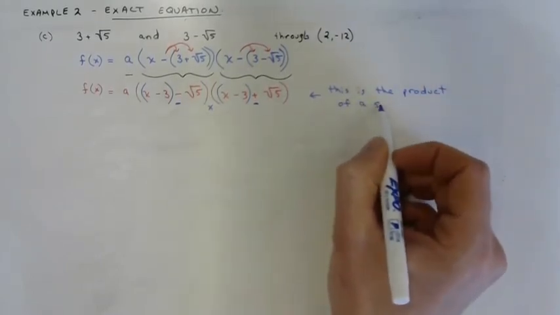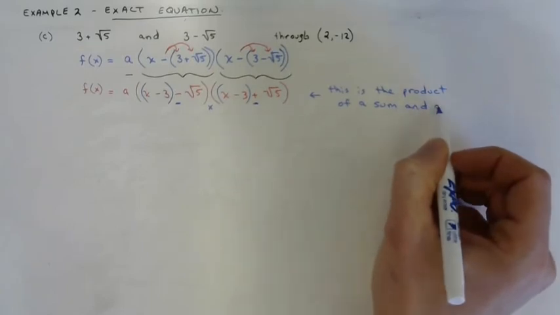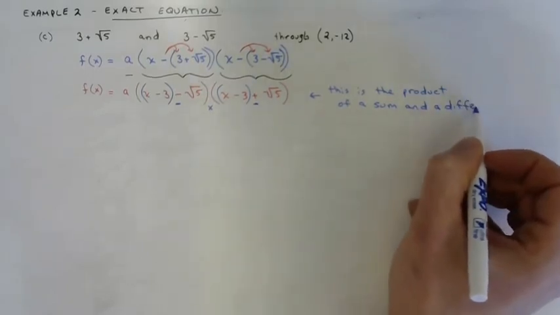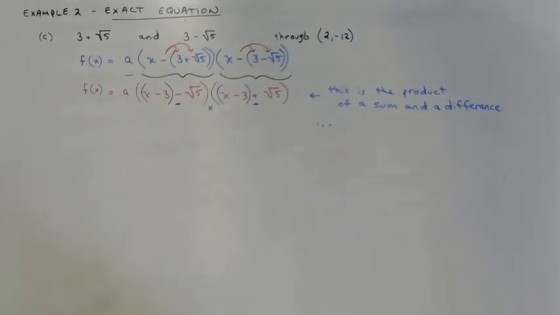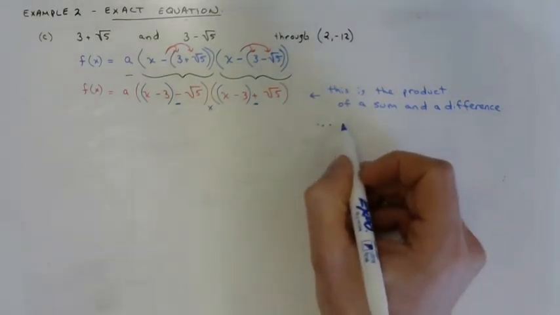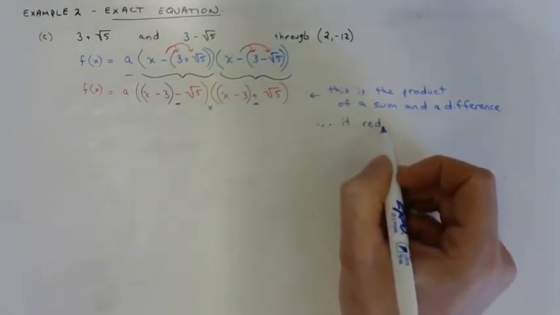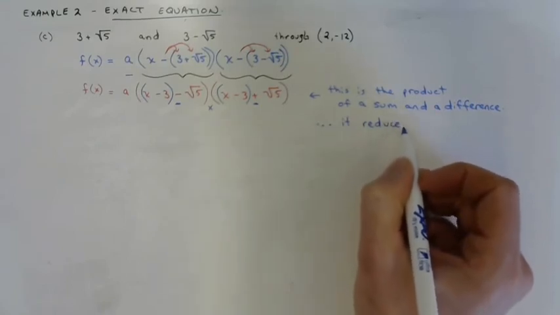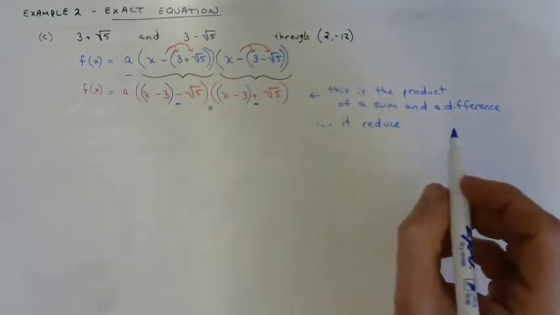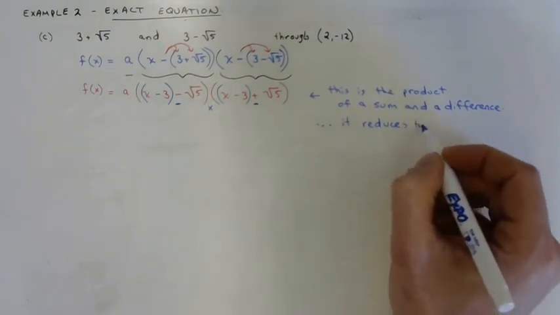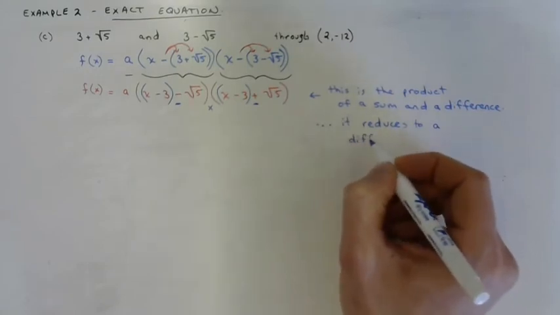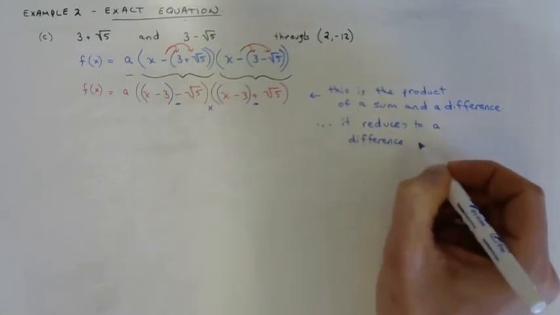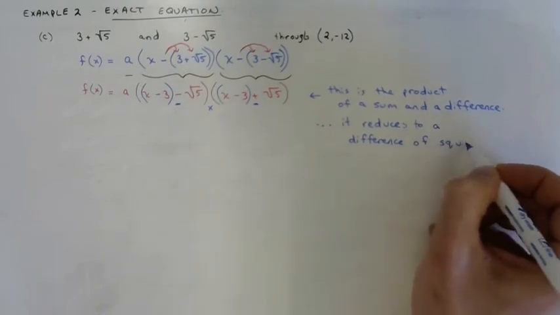What can the product of a sum and a difference be reduced to? A squared minus b squared. Do you know what that's called? A difference of squares.